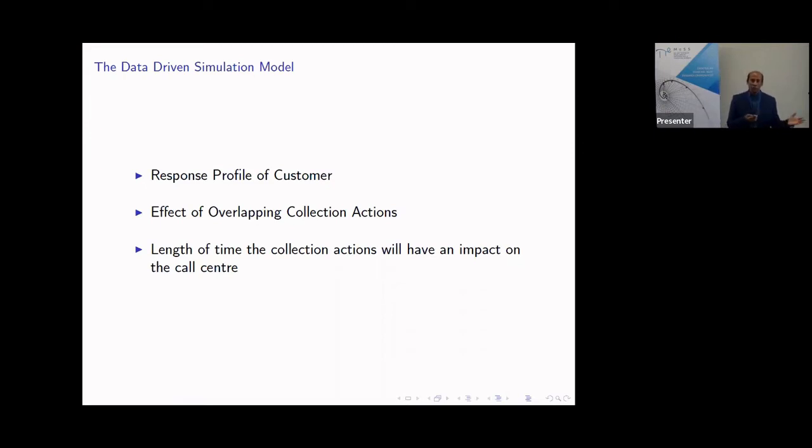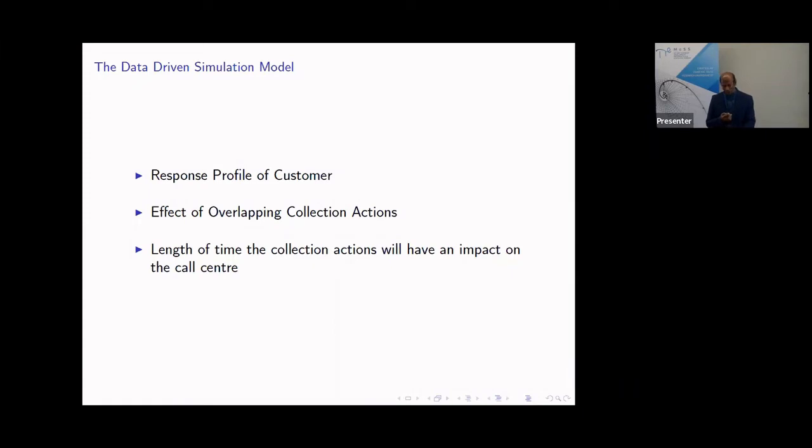The good group of people will not even go that far. As soon as they get an SMS, they will just pay and not even call. So the first thing we studied is what we call the response profile of the customer.